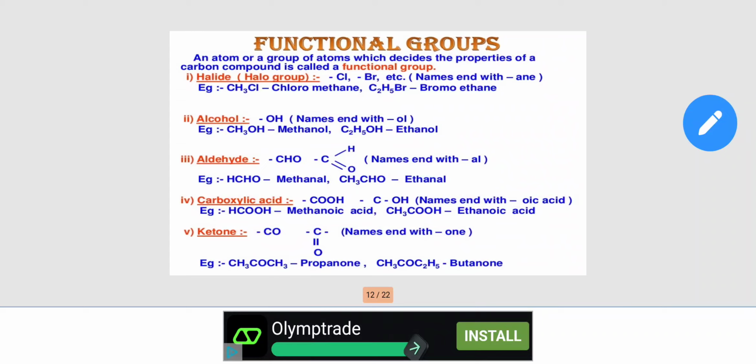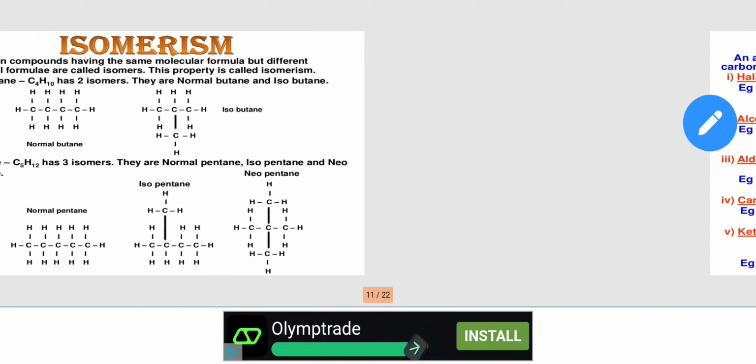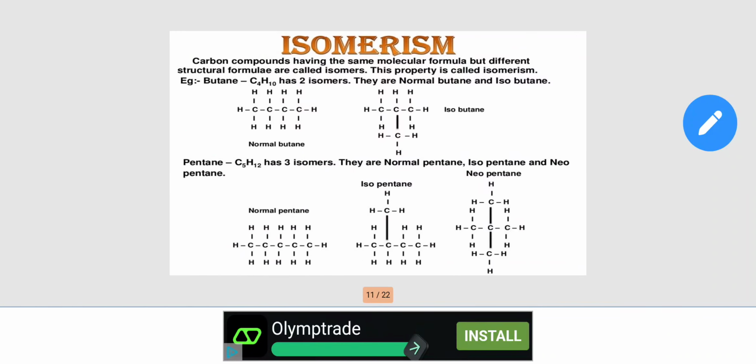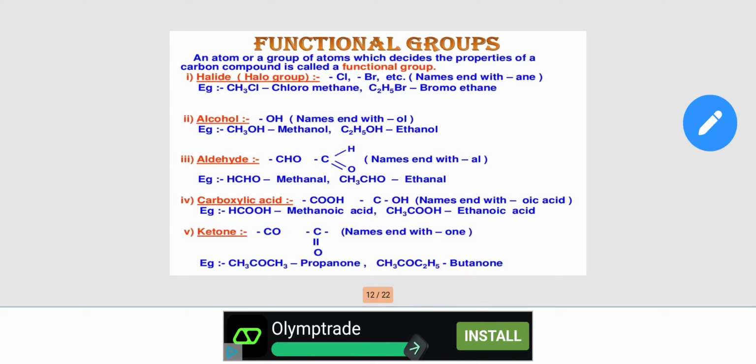First of all we discuss homologous series. A homologous series is a group of organic compounds with the same functional group, a general formula, or similar chemical properties. The difference between successive members is a CH2 group.